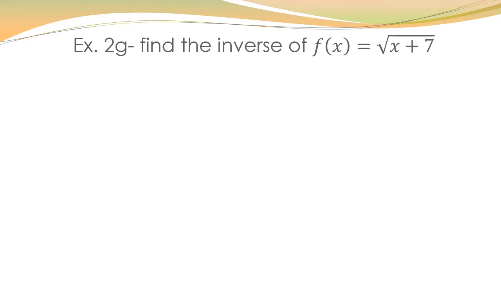G. Now we're finding the inverse of a root function. So y equals root x plus 7. Swap x and y. How do you get rid of a square root? Well, you square it.